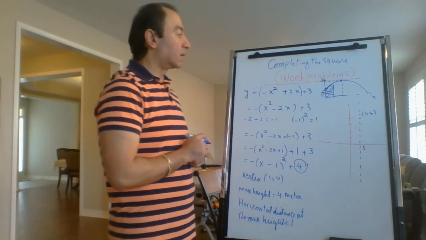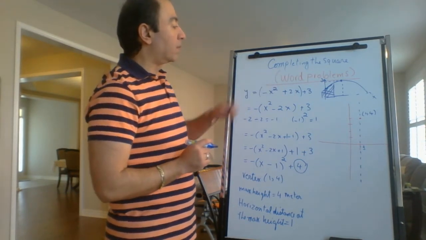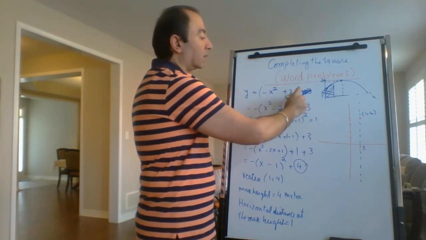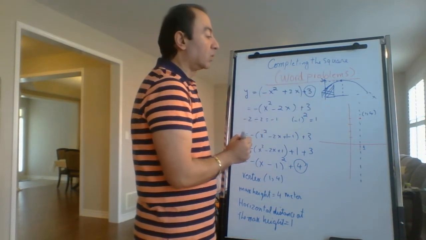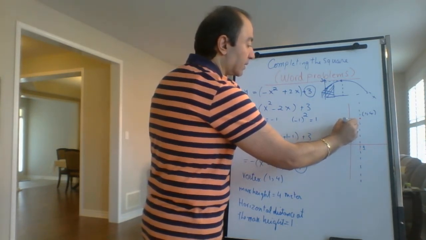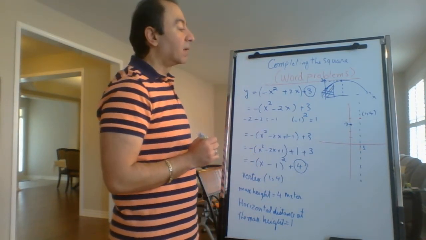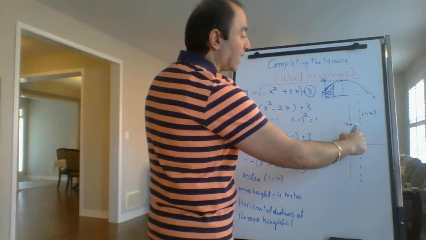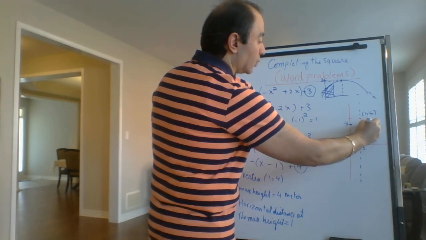Now, what else can we tell? From the standard form, I can tell that this curve will hit the y-axis at 3. So c in standard form is always the y-intercept. So I know that I have a y-intercept in here. Then this tells me, because of symmetry, I will have another point in here at 2 and 3.